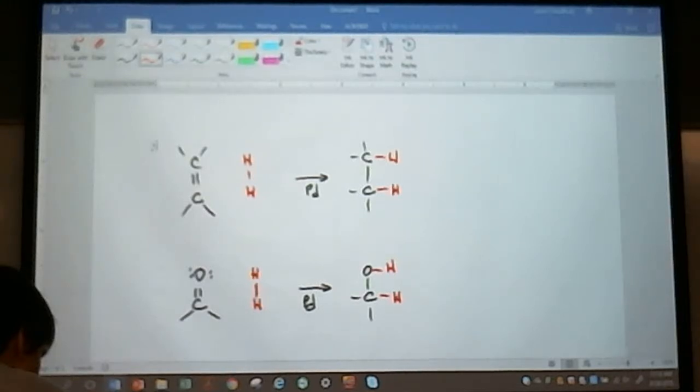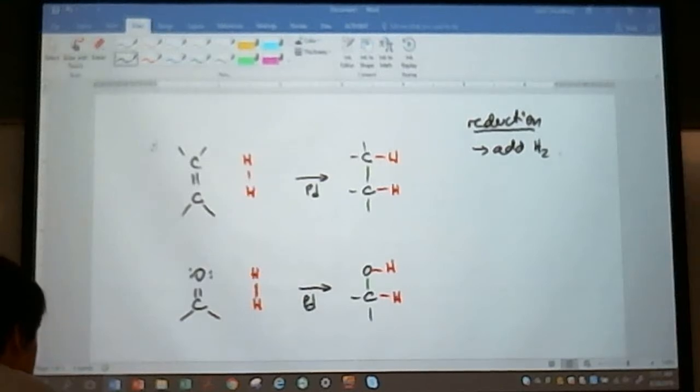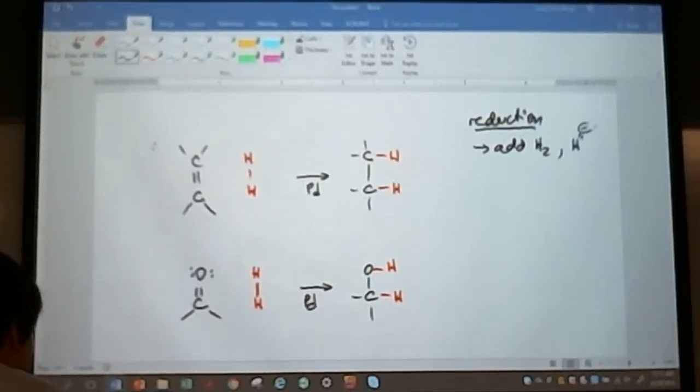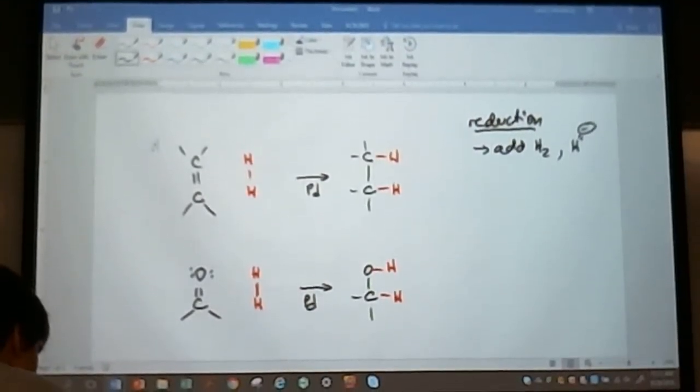Okay? In both of these cases, this is called a reduction. Reduction has a couple of accepted interpretations, but one of them is to add hydrogen, either hydrogen in the form of H2 or hydrogen in the form of a hydride. So this is a reduction.